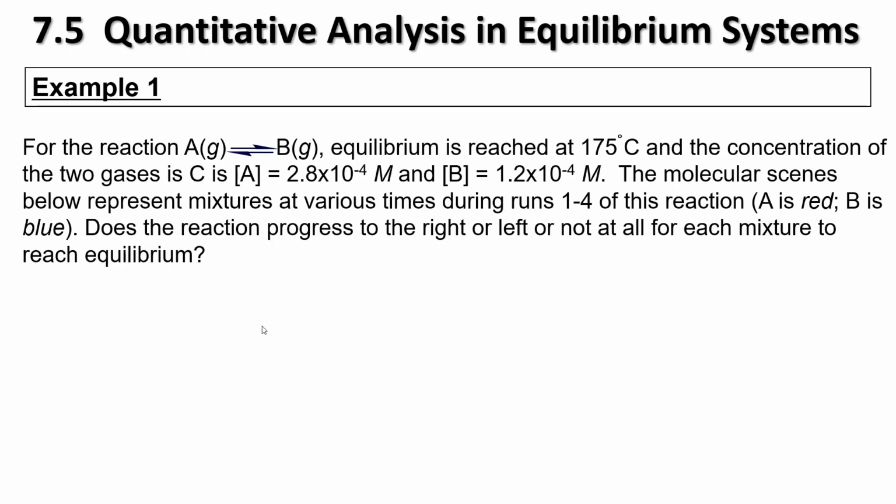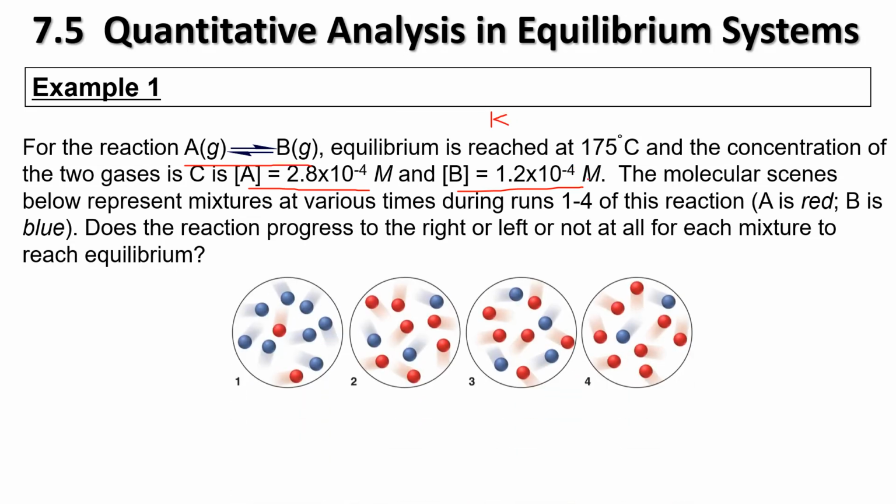So let's take a look at an example, and there's a picture to go along with this example. The key parts: we've got our reaction between gas A and B, and it says at equilibrium we have the concentration of A and the concentration of B, and since this is at equilibrium, our first step is we're going to calculate K. Then we're going to look at these pictures here, which are 4 different questions.